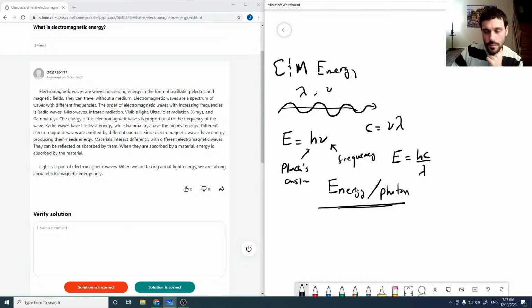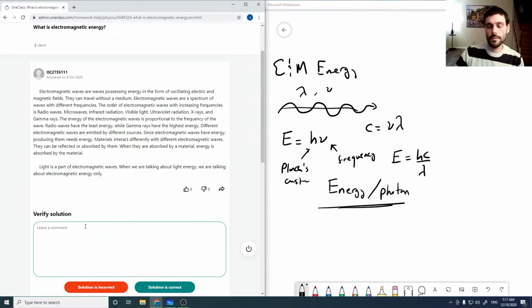Okay, so in any case, that's the energy expression, and I would say this is correct. It doesn't give any kind of equation for it, but that's fine. It's just talking about how the electromagnetic spectrum tends to increase in energy from infrared towards ultraviolet and X-rays. So that, I think, is pretty good.